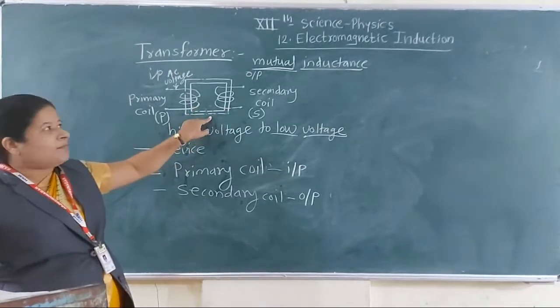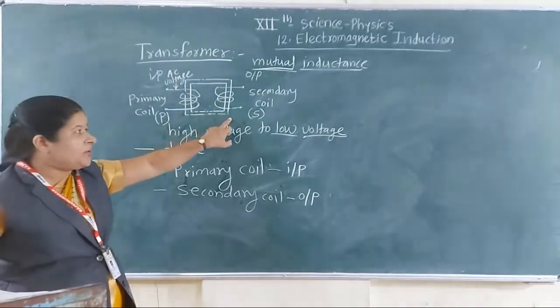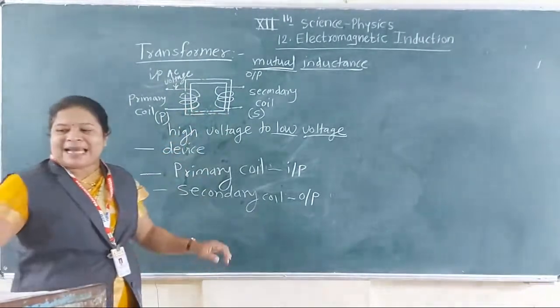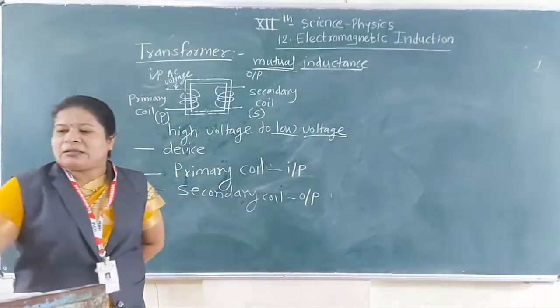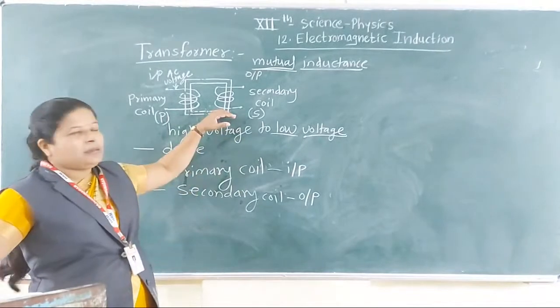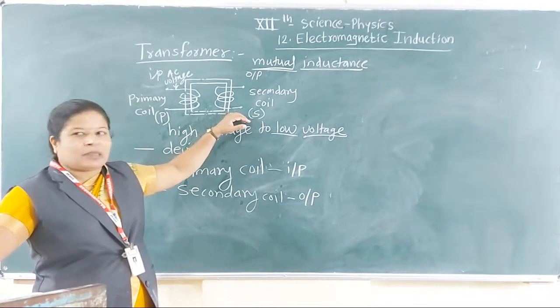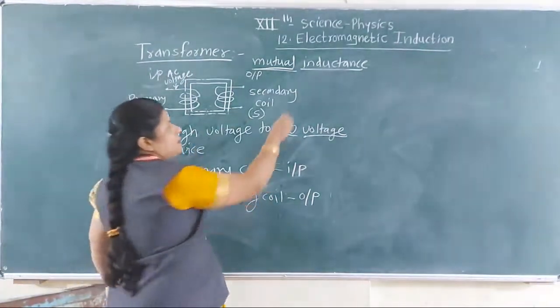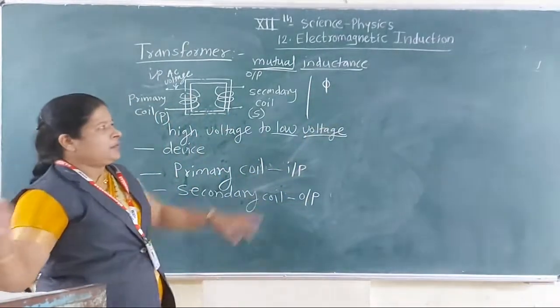As the magnetic flux of this core changes, EMF is induced in both the coils. So the magnetic flux linked with a coil depends on the number of turns in the coil. Magnetic flux we show with the letter phi.